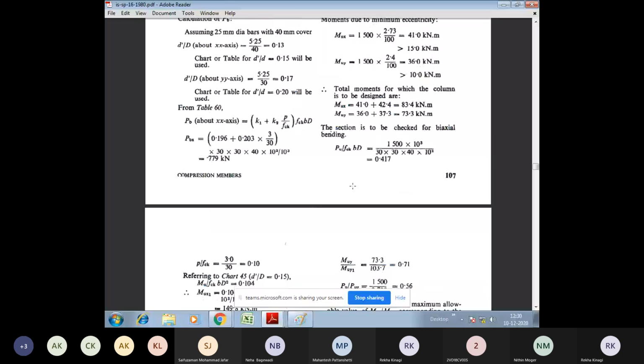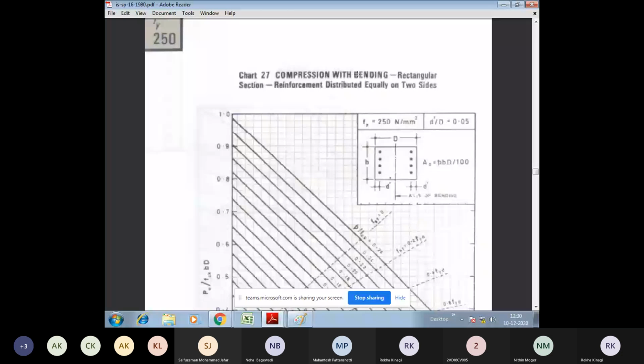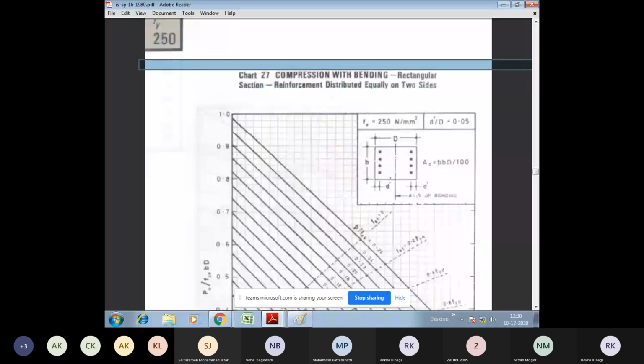So this is axial compression, we are not going to refer to this. Here it is mentioned compression with bending, that is the column with uniaxial bending, and the reinforcement is distributed equally on two sides. Here you can see the reinforcement type. If reinforcement is provided on two sides, then the grade of steel and the ratio of d dash by d, all these parameters decide which chart has to be used.